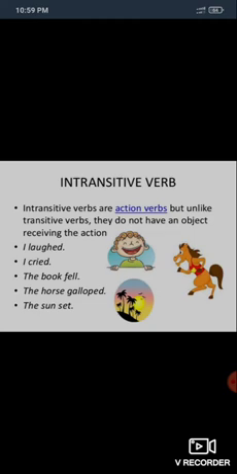Intransitive verbs are action verbs, but unlike transitive verbs, they do not have an object receiving the action. For example, I laughed, I cried, the book fell, the horse galloped, the sun set. Here these verbs do not need an object to make complete sense. So that is an intransitive verb.